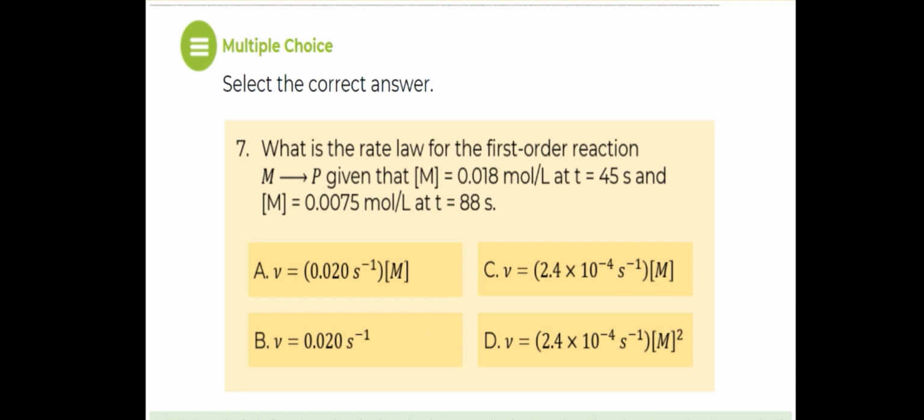Question number 7. What is the rate law for the first order reaction M forming P given the concentration of M equals 0.19 moles per liter at time equals 45 seconds and concentration of M equals 0.0075 mole per liter at time equals 88 seconds? Select the correct answer.